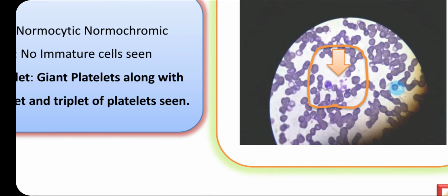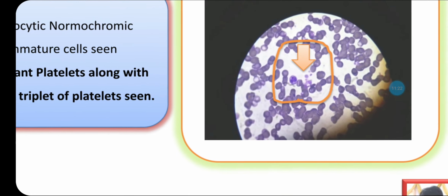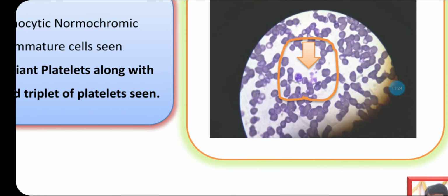Here on the outer side there is a doublet present, and this is a triplet or quadruplet. These are counted as single platelets. Because of this, counts which should be higher are plotted as lower counts, and so this is a typical case of pseudothrombocytopenia.